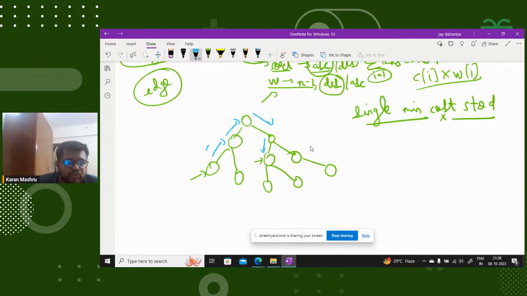Now I can also go here, here, here, then come back, and then come here, but that is not the minimum cost path. So there is one path from source to destination in which no node or edge will be repeated, right? So there is only a single path. Is this clear?